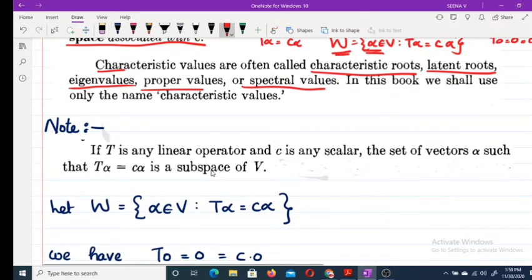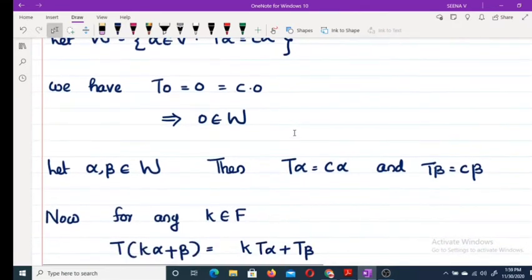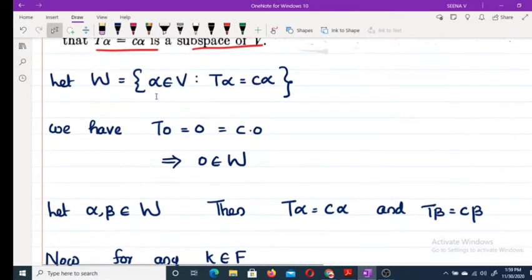Now, moving to one note. Note one: if T is any linear operator and C is any scalar, then the set of all vectors with T alpha equal to C alpha is a subspace of V. So here W is the set of all alpha belonging to V such that T alpha equal to C alpha, and we have to prove that this is a subspace.